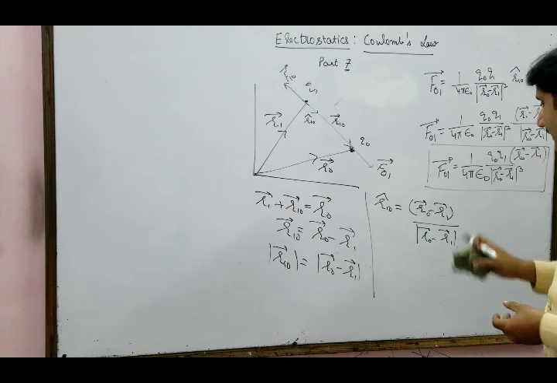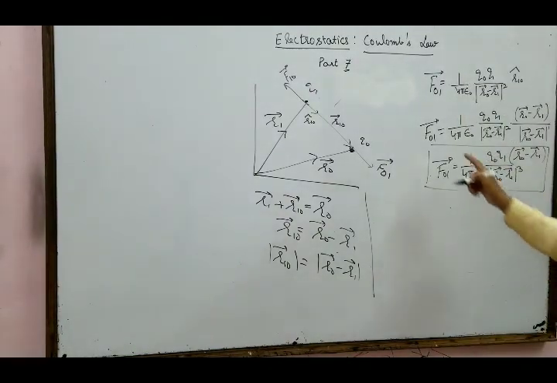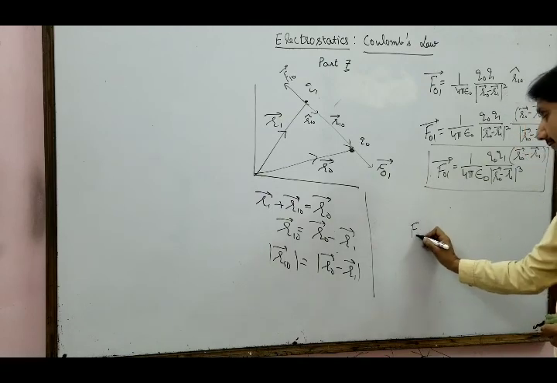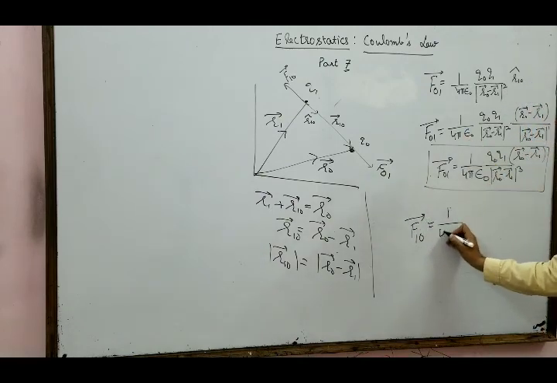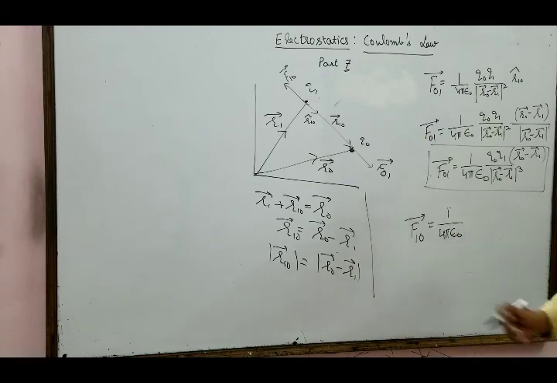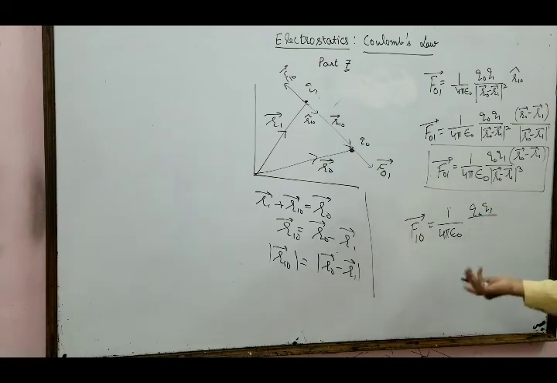What is its expression? You don't have to solve everything. You write it down as f1 naught from here: 1 by 4 pi epsilon naught q naught q1. The charges are still the same, even the length is the same.